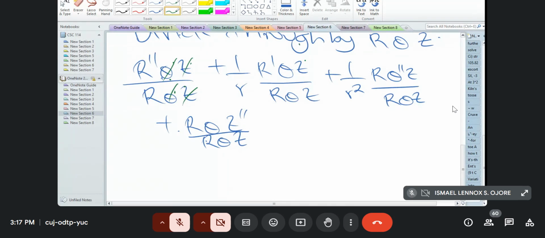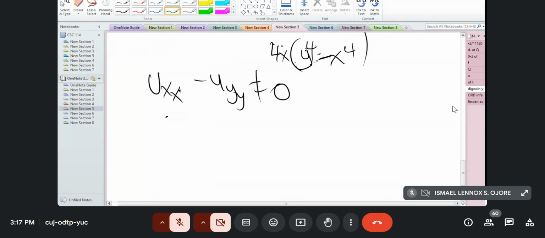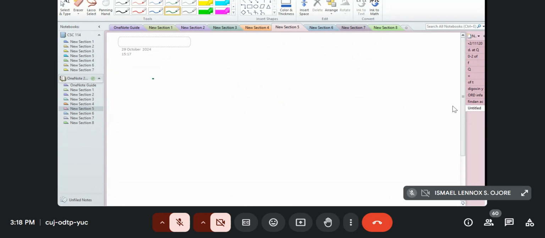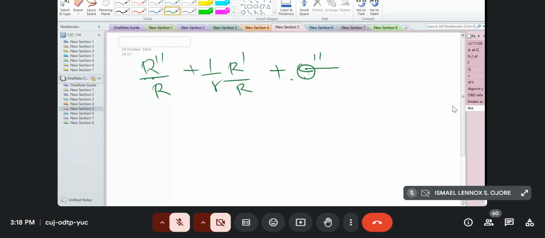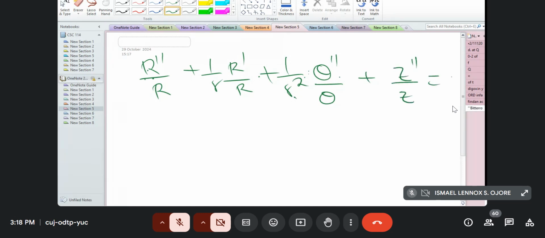In the second term, we have Theta and Z again, and they cancel out as well. So we have R double prime over R, plus 1 over r, R prime over R, plus 1 over r squared Theta double prime divided by Theta, plus Z double prime divided by Z equals 0.